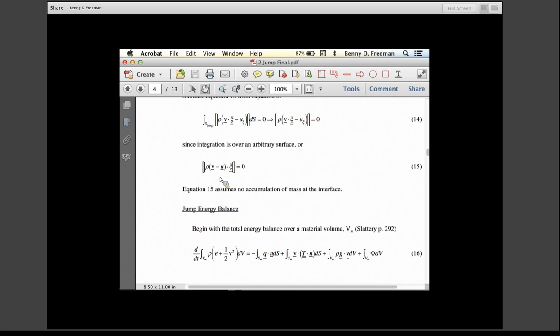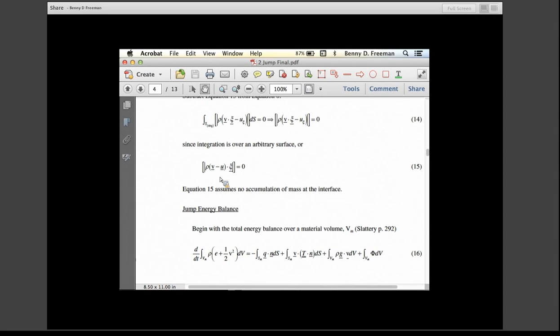Remember, we're treating this interface as razor sharp and razor thin, and so if you take a molecule of material in the liquid phase and it evaporates, it doesn't stay at that interface. It's either in the liquid phase or in the gas phase. It's not stuck, if you will, at the interface. And so what this jump mass balance recognizes is that any material that comes to that phase interface from one phase leaves in the other phase.